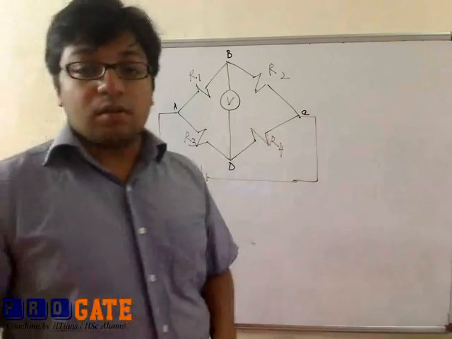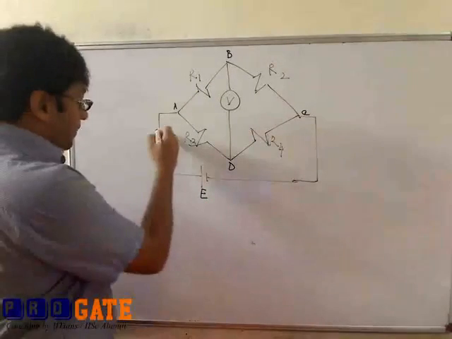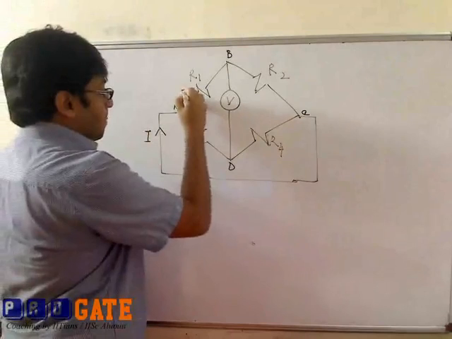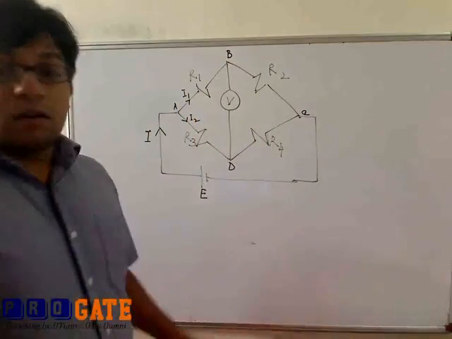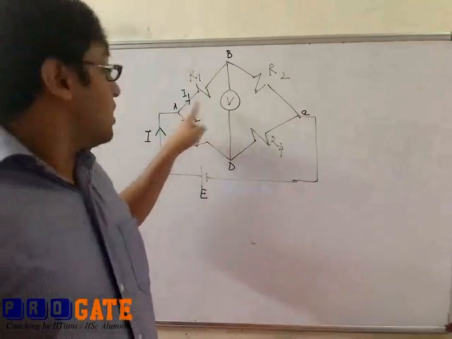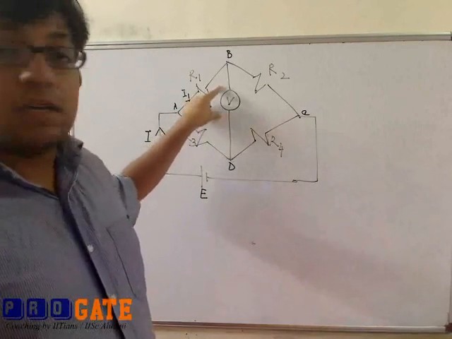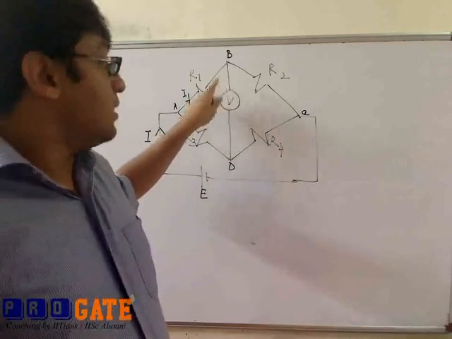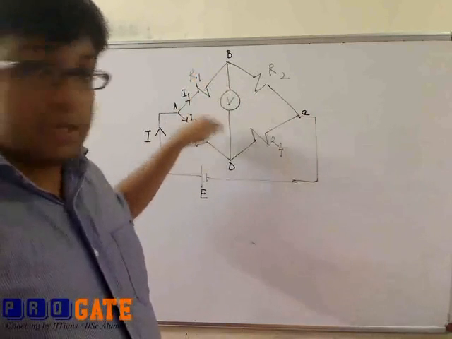Let us consider that the voltage source is supplying current equal to I. Now as the current I reaches the point A, it divides into two, I1 and I2. Now a voltmeter is an instrument that has high internal resistance. So for the time being, let us assume that the internal resistance is so high that a negligible amount of current flows through the voltmeter.